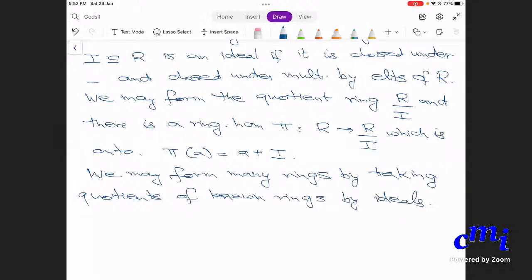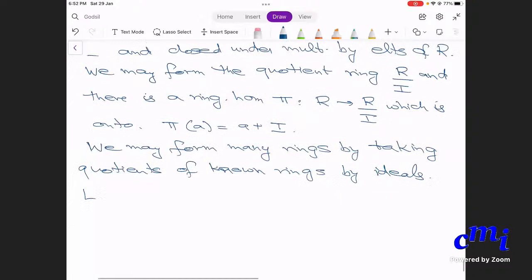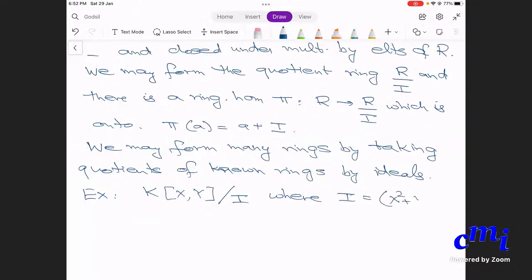For example, if I take the polynomial ring in two variables, K[x,y], that's a ring, and I could take the quotient by some ideal I, where maybe I is the ideal generated by x squared plus y squared. So that's a quotient ring of K[x,y]. This way, you can take any ideal in K[x,y] and take the quotient.